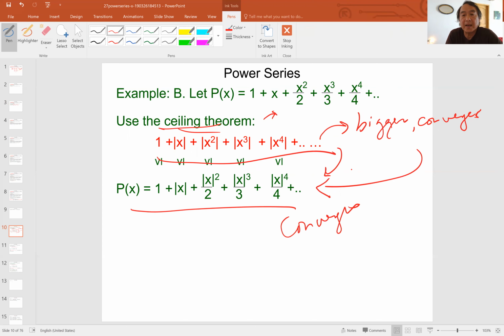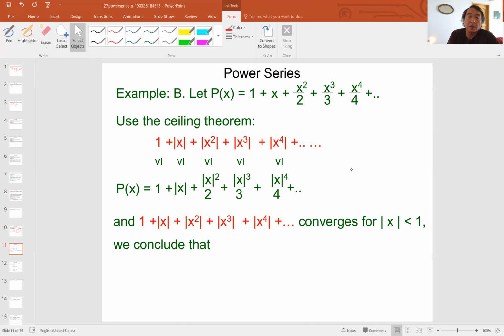So what I have must be smaller, so it must converge. So this P of x, the power series over here, converges for every number x you plug in between 1 and -1.